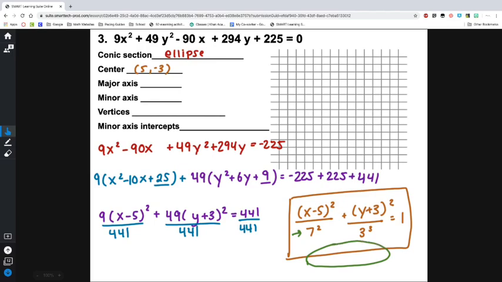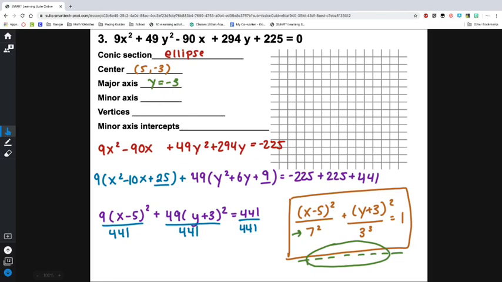If it was flipped, if the number under y was bigger, that's where we would see an ellipse that is taller and skinnier. So our major axis is going to be along the longer axis, the line y is equal to negative 3. It goes through the center. The center has a y value of negative 3.